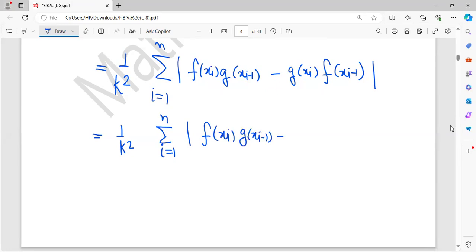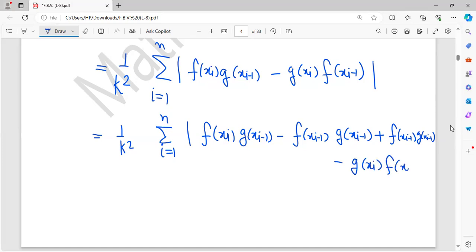So I will add here f(x_{i-1}) g(x_{i-1}) here. And add the same thing here, f(x_{i-1}) g(x_{i-1}), minus g(x_i) f(x_{i-1}).